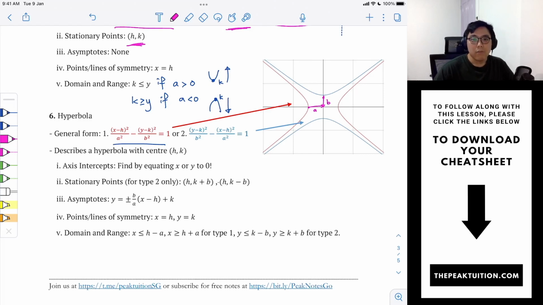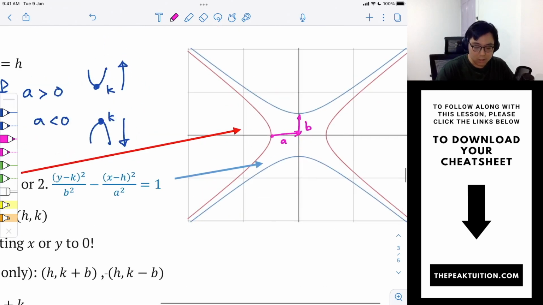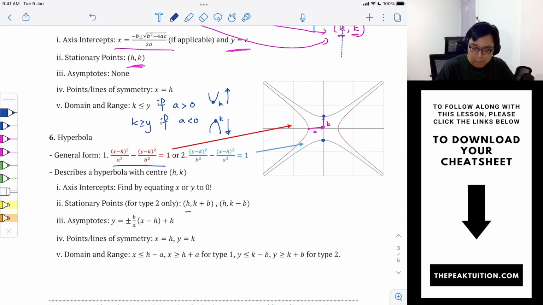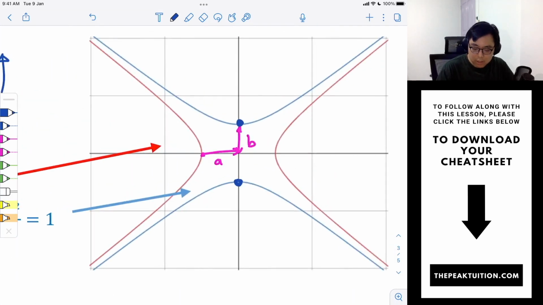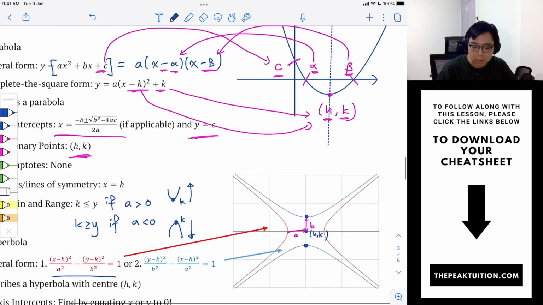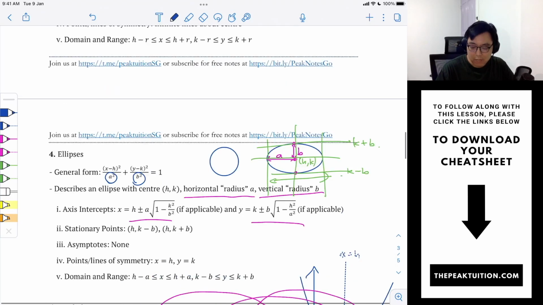Okay, stationary points only exist for this type of blue graph, because if it's a red graph, then you don't really have a stationary point. So it's this point here and this point here. These two points are basically (h, k plus b) and (h, k minus b), because the point in the center is (h, k). Surprise, because so far a lot of it has been (h, k), right?